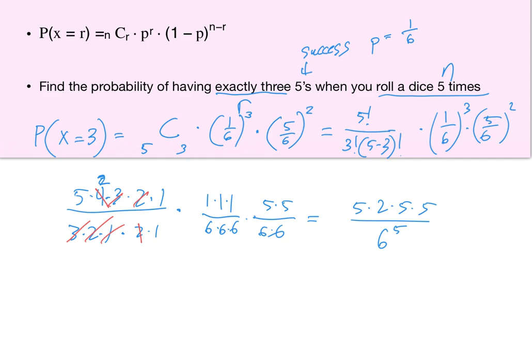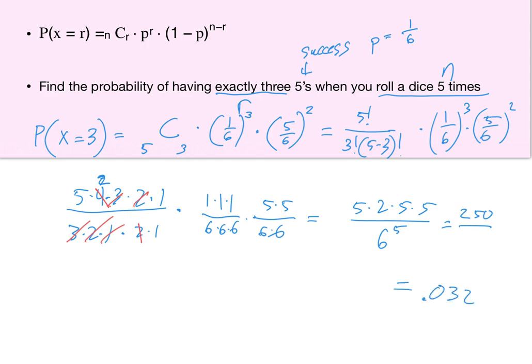So let's see, 5 to the third power times 2, which means there are 250 ways that I can get what I want, divided by 6 to the 5th, which is a large number, which means overall this probability is 0.032.